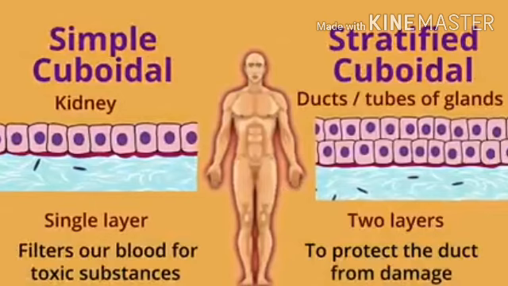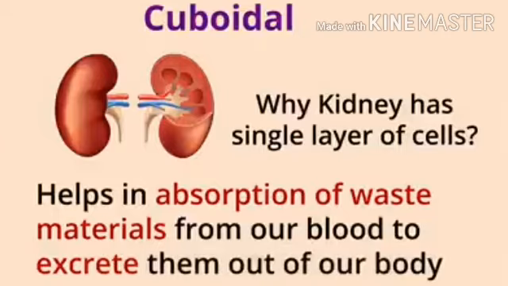Simple cuboidal epithelium occurs in uriniferous tubules, germinal layer of sex organs, thyroid vesicles, small salivary and pancreatic ducts. Cuboidal epithelium takes part in secretion, excretion and absorption.